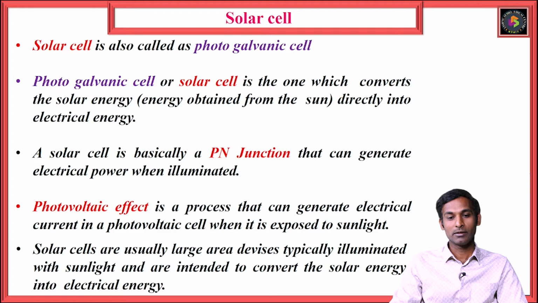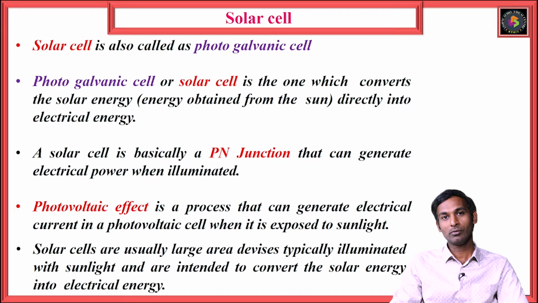I am saying here the solar cell is an energy device that converts solar energy, energy obtained from the sun, directly into electrical energy. So a solar cell is basically a PN junction that can generate electrical power when illuminated.